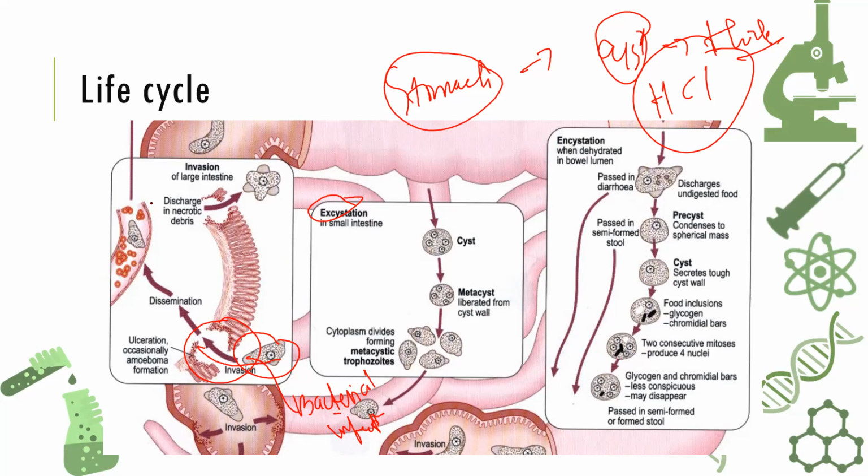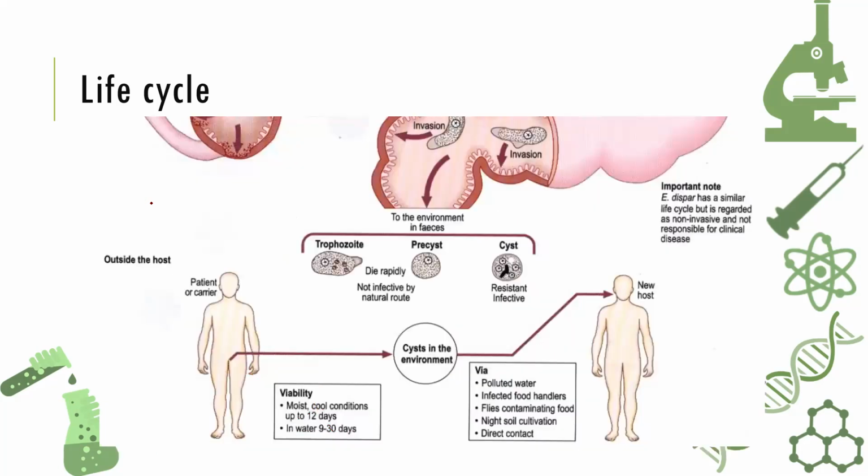Eh, di mag-morphological transformation na naman from being a trophozoite going to a cystic stage. And that is the time that it will pass through the stool sample. No? And that is the time na nagkakameron ng presence ng Entamoeba histolytica sa stool.